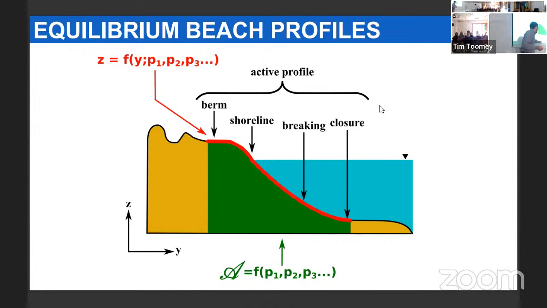So this is a state function depending on these variables, which means that if we know the values of the forcing, then we can know the state, the shape and the volume enclosed in this profile, and we don't care about the path, how the sediment has moved to arrive at this state. This is true as long as we are not facing quite extreme events, but in general it might be an approximation.